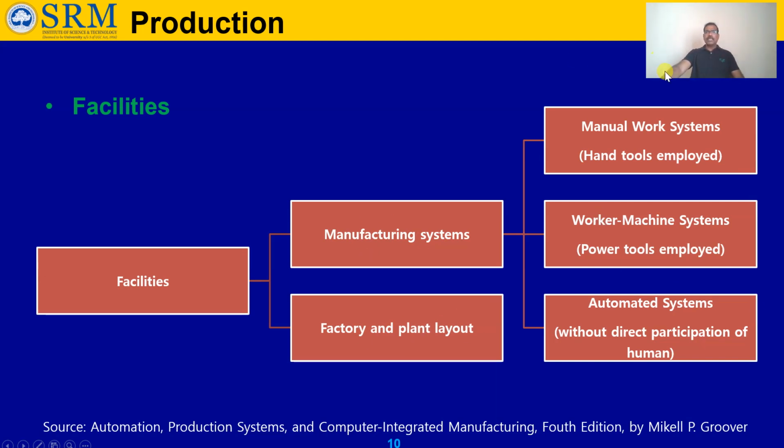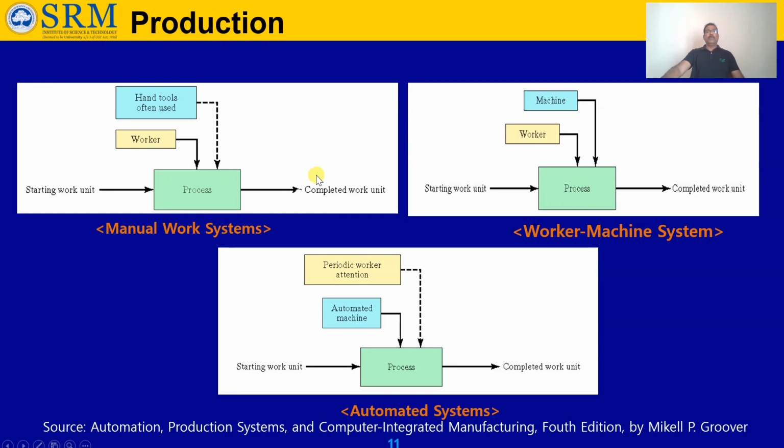For each type, I will give a figure so that I can explain easily. Here the first one is the manual workstation. See, there is a starting work unit, the process is going on, and finally you get the output, the completed work unit. In the process, the worker will be directly involved.